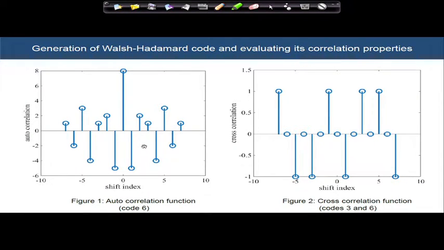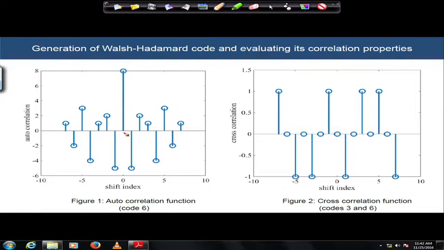So let us see what the plot yields. For code number 6, which we had chosen, the autocorrelation function looks something like this. As we can see, this is shift index 0. For shift index 0, we have a value of 8, which is equal to the length of the code.